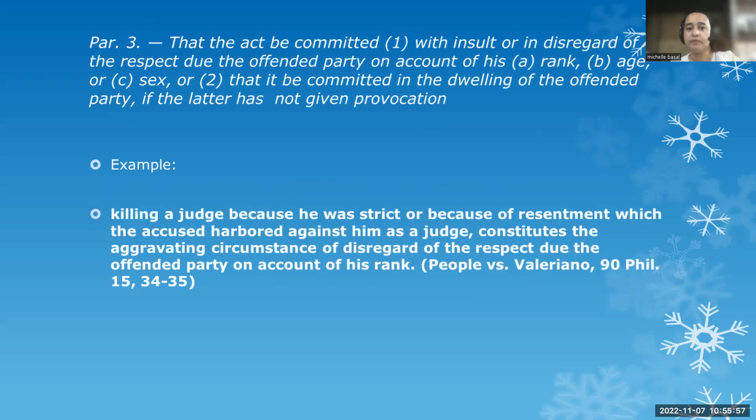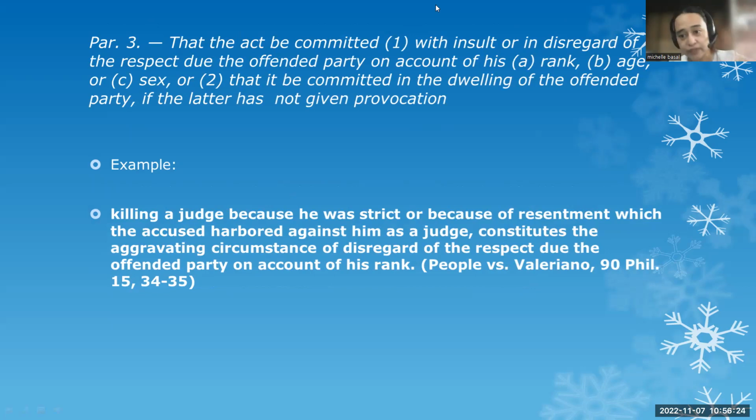That the act be committed with insult or disregard of the respect due to the offended party on account of his rank, age, or sex, or that it be committed in the dwelling of the offended party if the latter has not given provocation. So imagine there are four. Number one, obvious disregard of his rank, age, or sex.